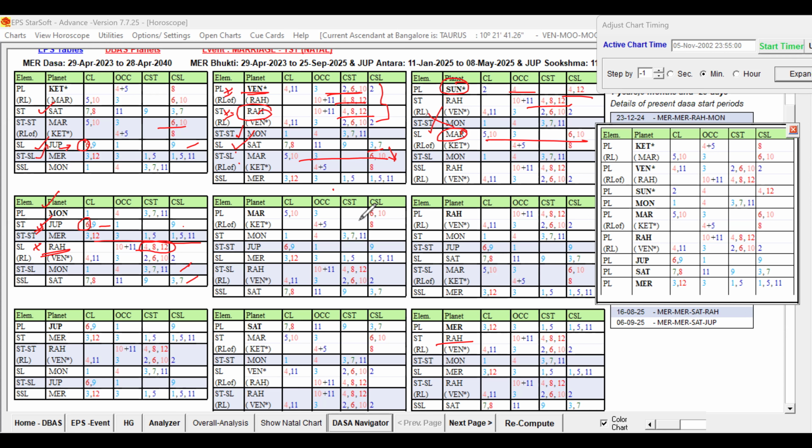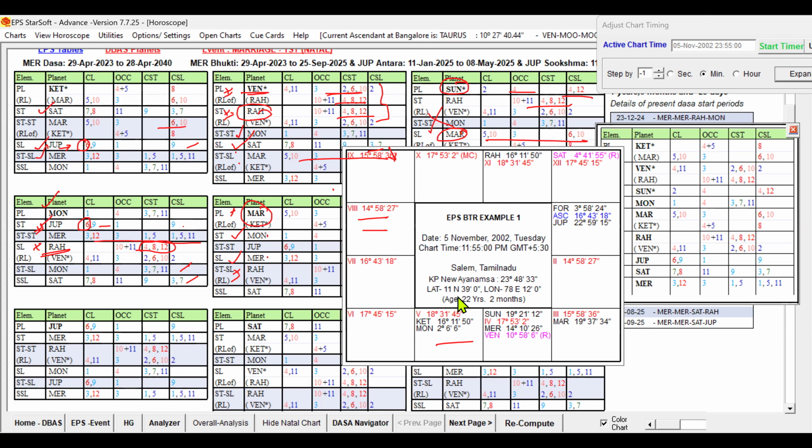And Mars is 6 and 10 cuspal sublord. This is not good, and this is fine, and this is fine. So this is weak. But star level, sub level, star lord of the star lord, all are good. But the source has weakness, 6 and 10 cuspal sublord. And if you check the natal chart, Moon is posted in the sign of Mars.